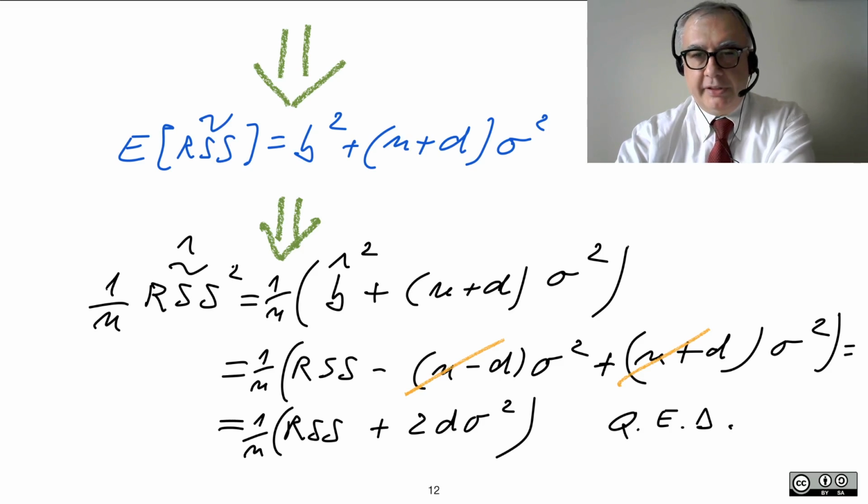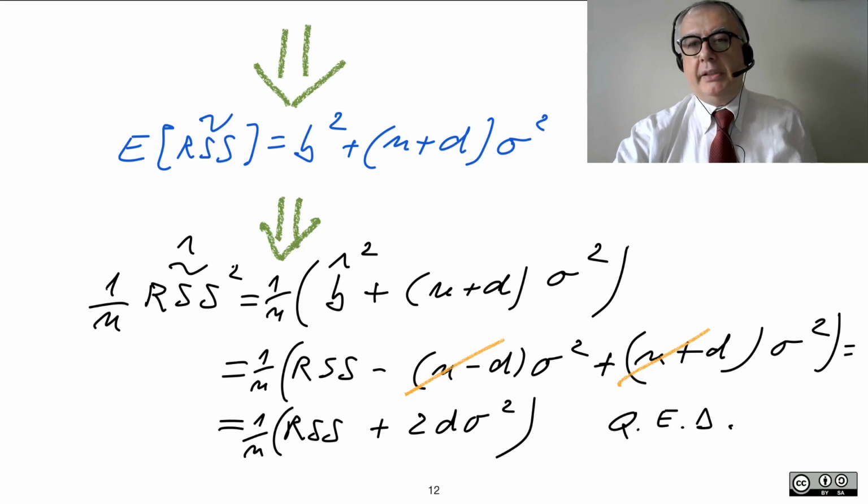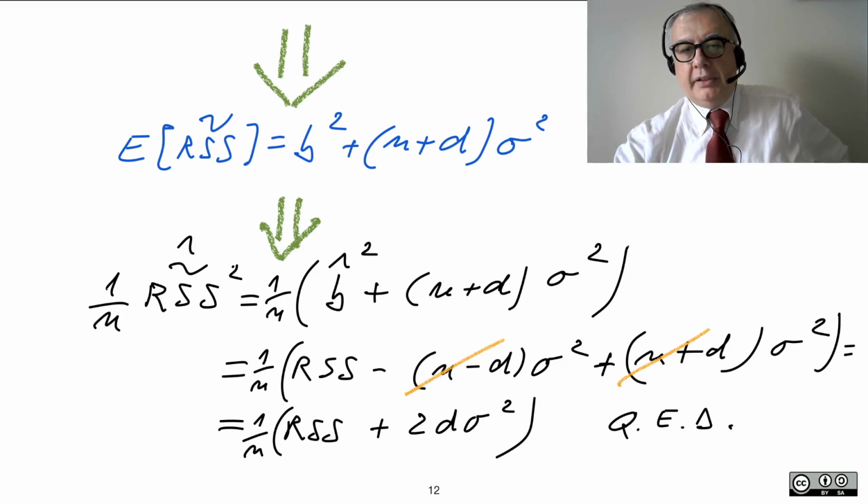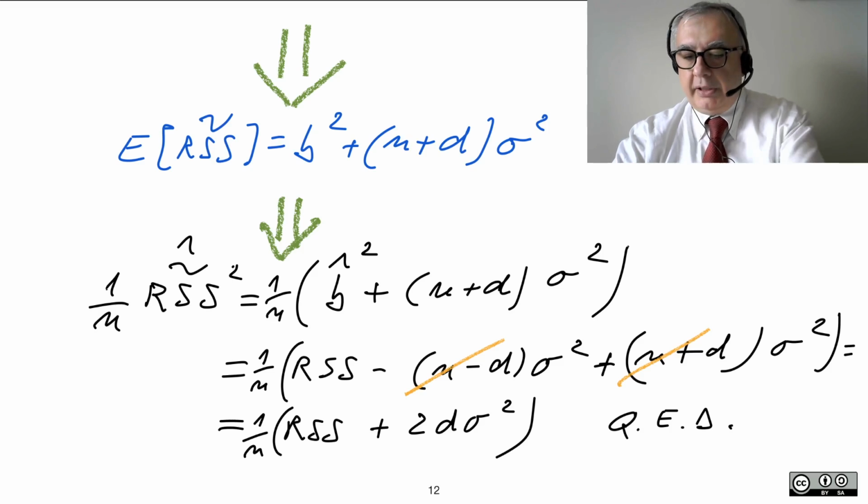I have some simplification with n, and in the end I obtain this expression, which is exactly the expression of the CP criterion. So we have derived the CP criterion from scratch. Okay, so this is nice, and you see where it comes from, as a matter of fact.